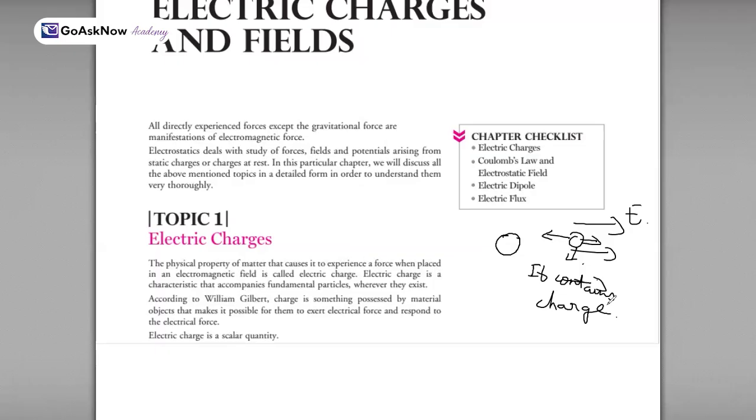We will clearly see this further in this chapter, what electric charges are and what these types of charges are. We generally have two types of charges: first is positive charge, and another is negative charge. And electric charge is a scalar quantity. Remember that it is a scalar quantity.